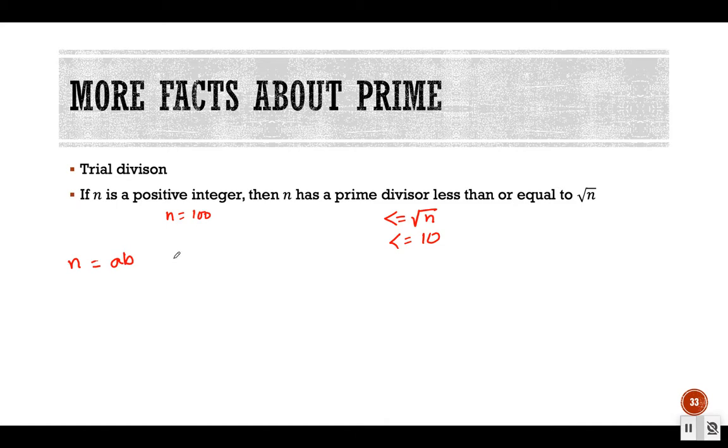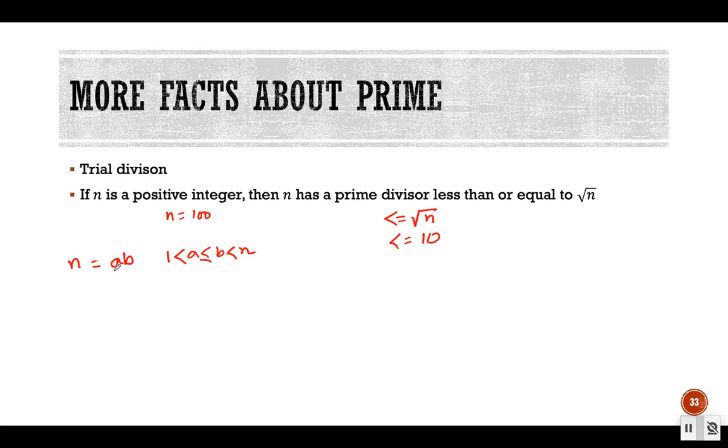So we can say that n can be represented as a multiplication of a and b, where a is greater than 1 and a is less than or equal to b.